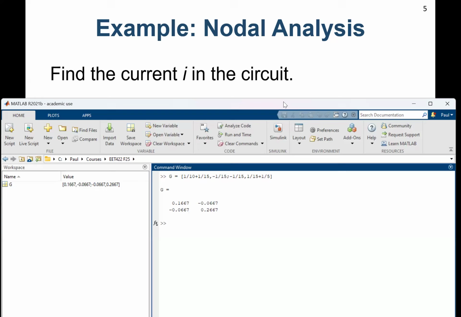You can just use your cursors and scroll over and enter things in. Or you can specify a variable if you want. You can call it your name and say, Toyota is equal to, and then you use open brackets, just like we did here in MATLAB. Then you type in the numbers with commas or semicolons, and then you close the bracket. And that's how you set up a variable.